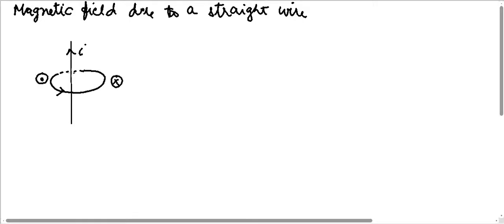Suppose we keep another wire to the right side of this, and it also carries a current I. That means I have placed another wire near the original wire, also carrying a current I, in a region which already has a magnetic field due to the first wire.